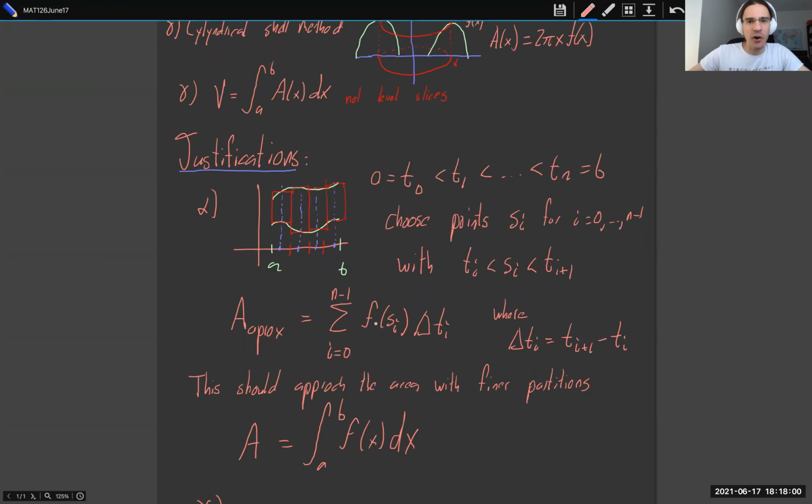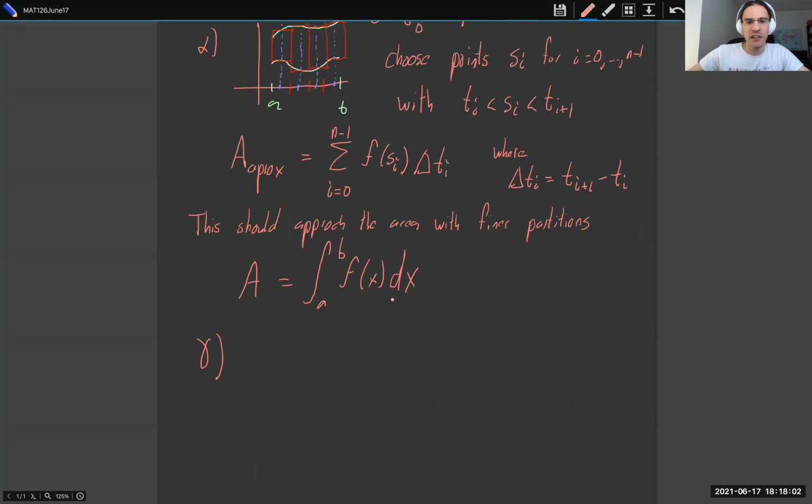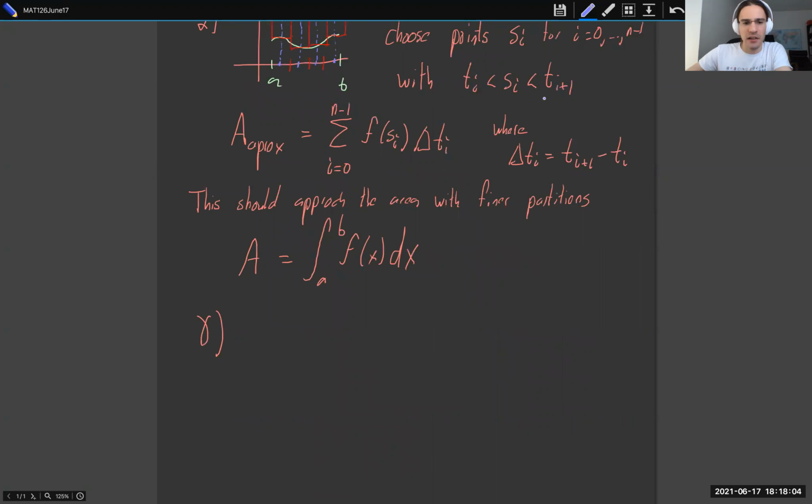Let's say we take our interval here. Let's say that this is A and that this is B.